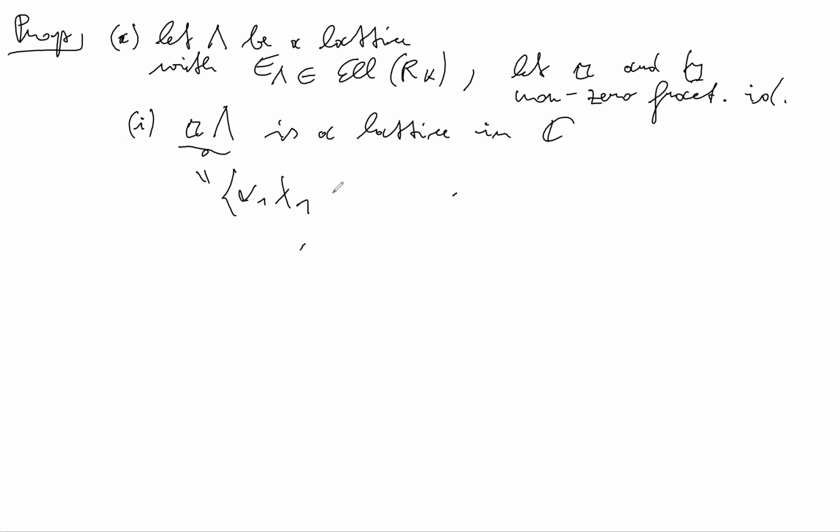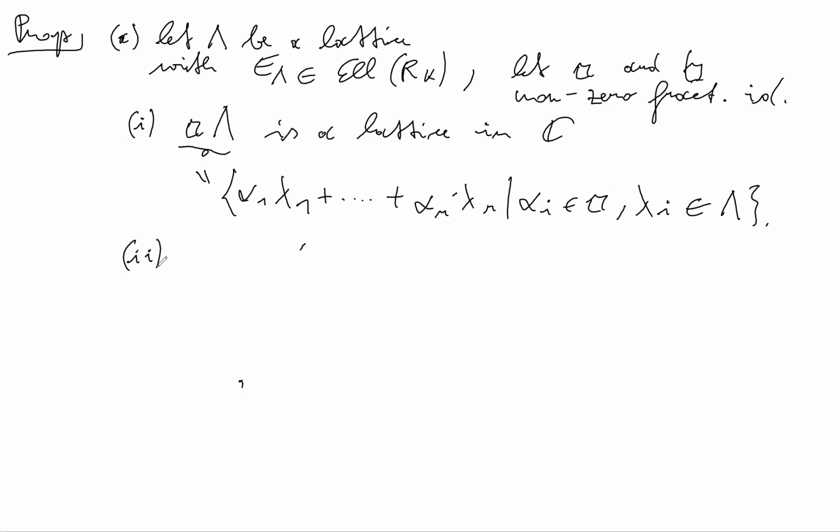Basically, alpha_1 lambda_1 plus, and so on and so forth, alpha_r lambda_r, for lambda_i in the lattice and alpha_i in the ideal A. This is sort of it. Just take all the possible linear combinations. What this gives me is just an action of the fractional ideal on the lattice.